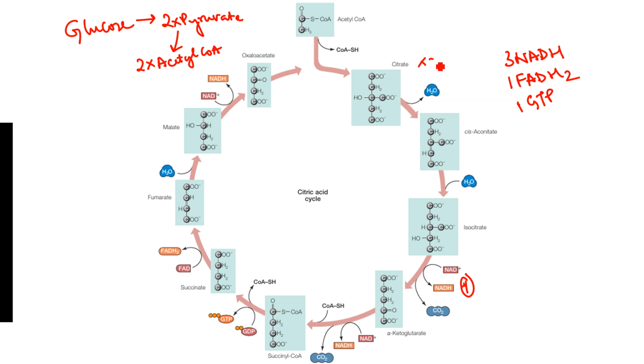All these will be in twice the number. So for complete oxidation of glucose, since two molecules of acetyl CoA are generated, this pathway will take place twice for the complete oxidation of the glucose molecule. Right.